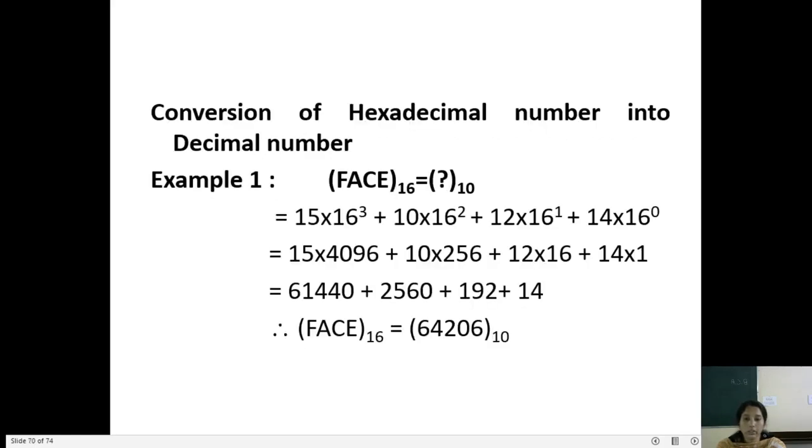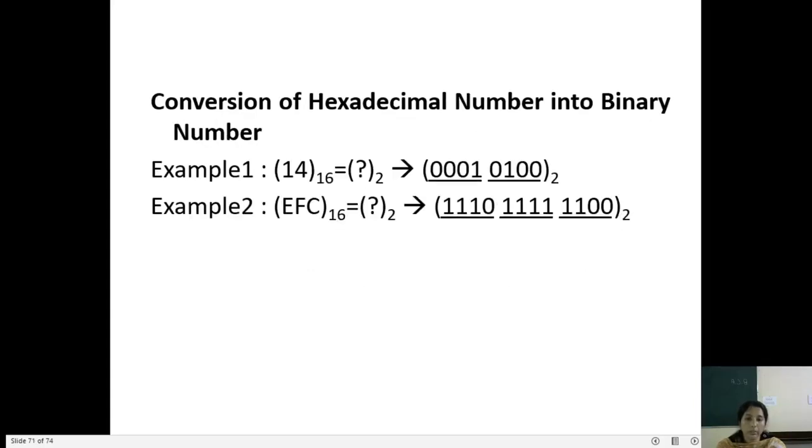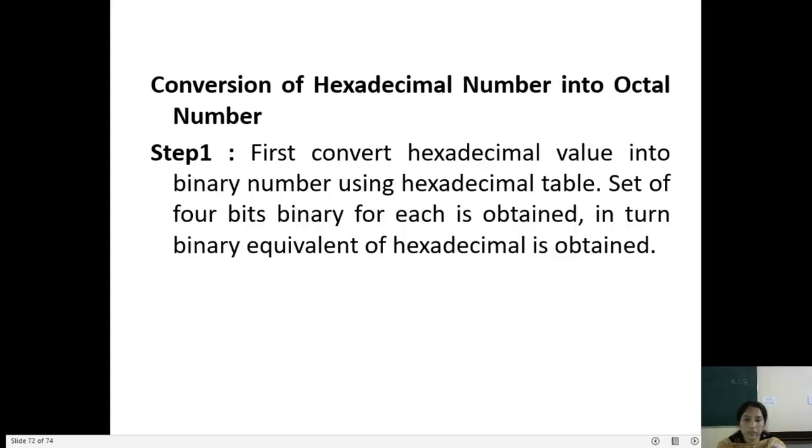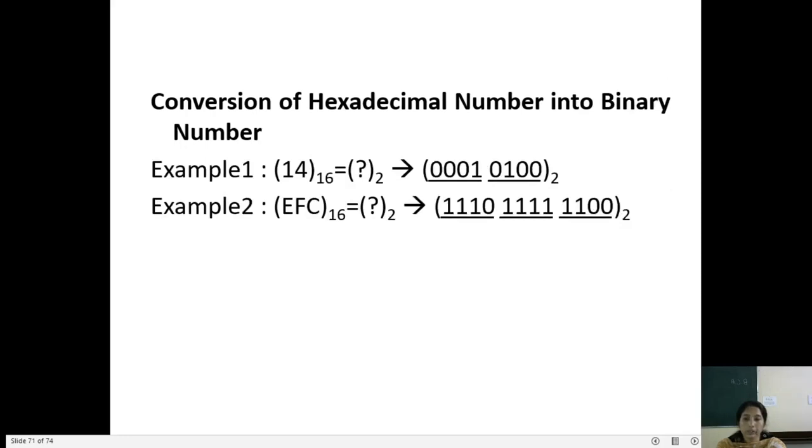Now conversion of hexa into decimal: even if they have given an alphabet, you want to write it as a numeric value and you want to write the power. And these are certain examples. So we can see here we have converted the hexadecimal into binary, but we have not done it as a multiplication or division.